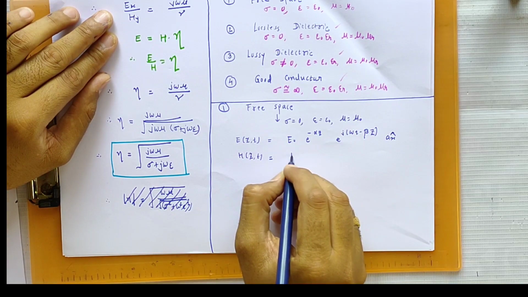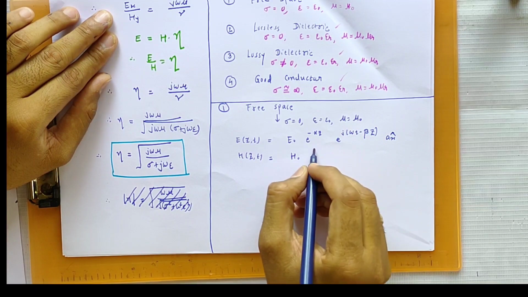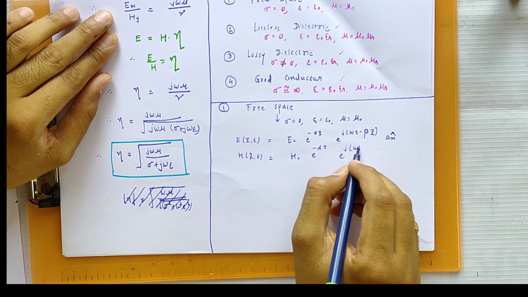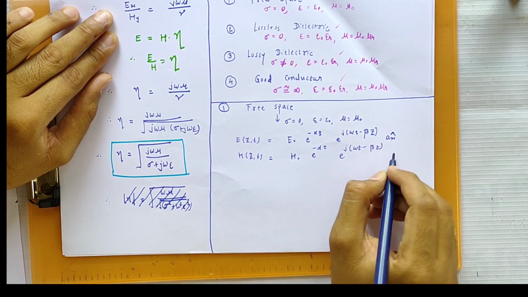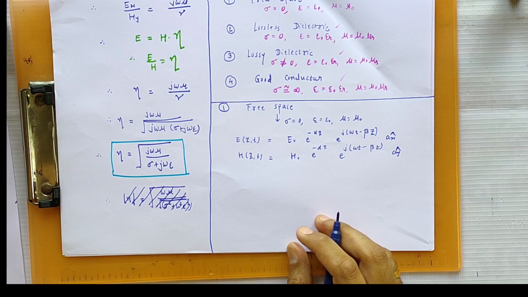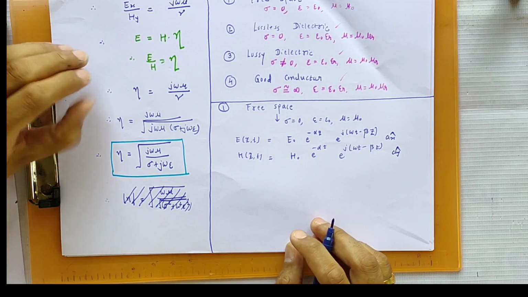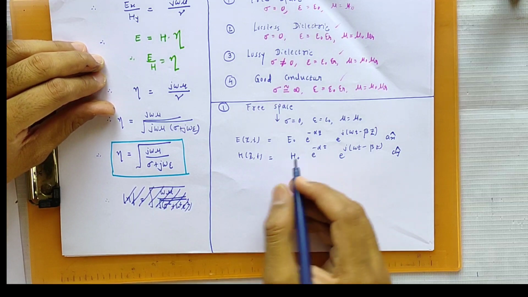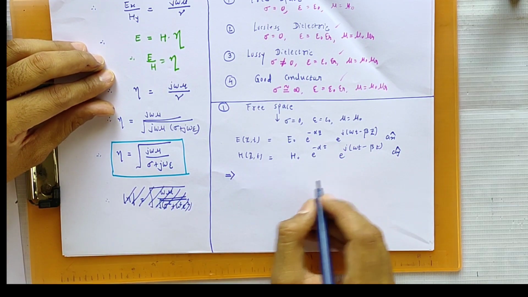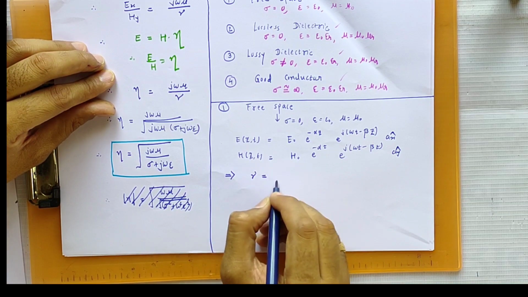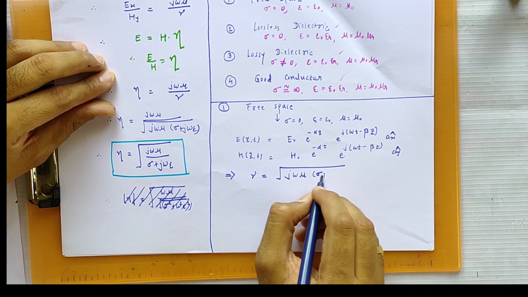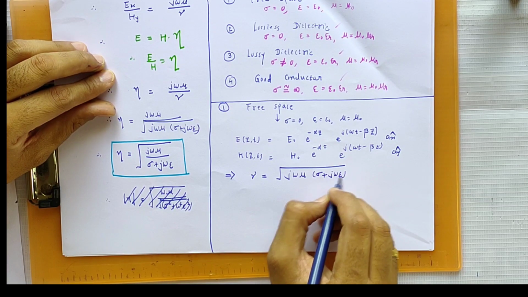What about H of z,t? H0 e raised to minus alpha z, e raised to j omega t minus beta z, into ay. Then we write the equations for propagation constant and intrinsic impedance. First I will take the propagation constant gamma, which is equal to the square root of j omega mu times sigma plus j omega epsilon.